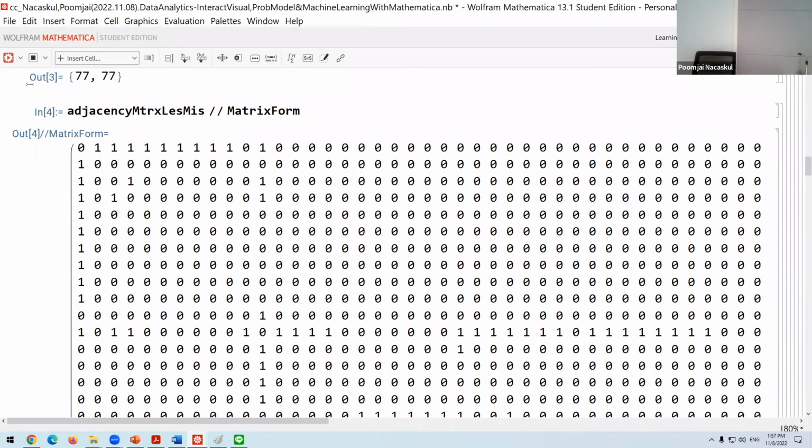So this one means character number I and number J appear in the same scene at some point in the musical. Ignoring the diagonal, because you don't need to say I appear with myself, character number 1 appears with character number 2, 3, 4, 5, 6, 7.